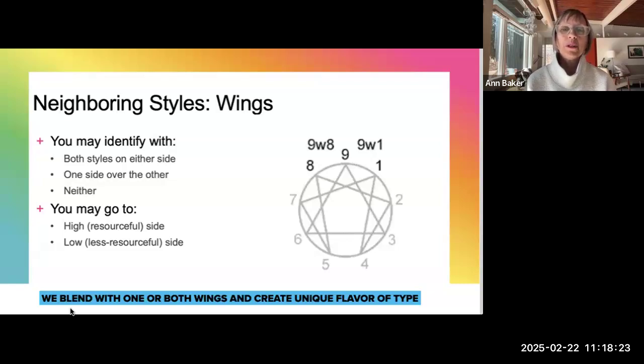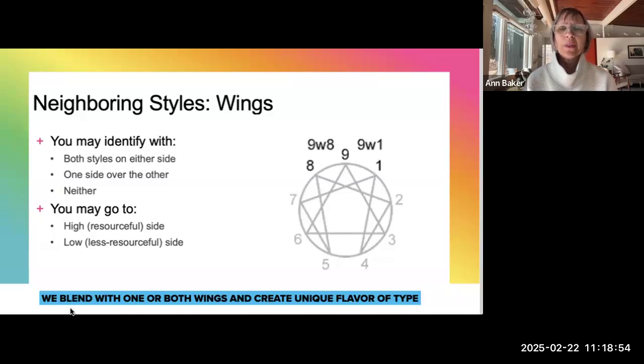You can see how both neighbors of the 9 really help to balance the tendency of the 9 to maybe just be a little too complacent. 9s go along to get along. They're peaceful. They can get into a situation where they don't believe that their presence really matters. So the 8 and the 1 really believe that their presence matters.